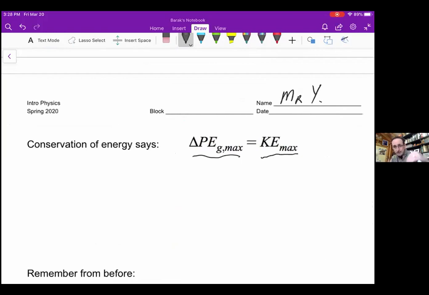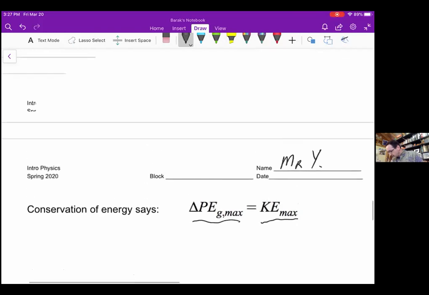So all the energy is going to be potential energy. And then when we're at the bottom, there's no delta potential energy. So all the energy is going to be kinetic energy. So those two at their maximum should be equal to one another, which is the same argument we made with the mass on the spring.